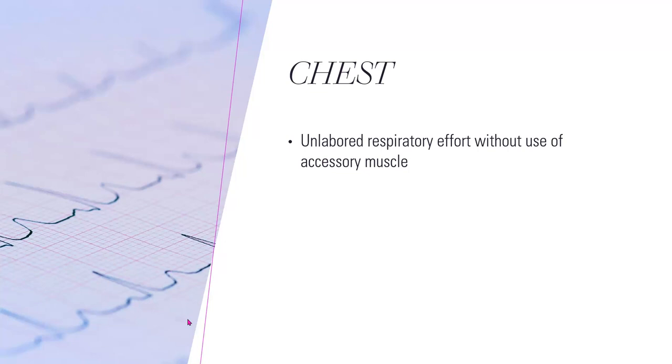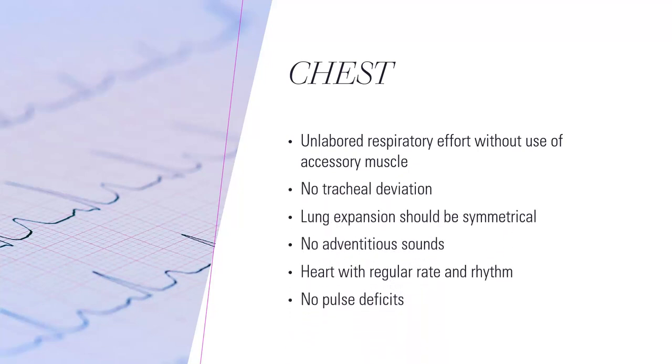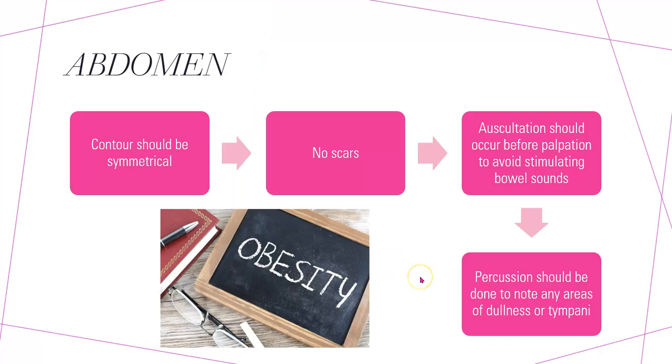The chest, you want to note that they have unlabored respiratory effort without use of any accessory muscles. There's no tracheal deviation, no pulse deficits. Their lung expansion should be symmetrical and they shouldn't have any adventitious sounds. Their belly should be contoured but symmetrical without scars.